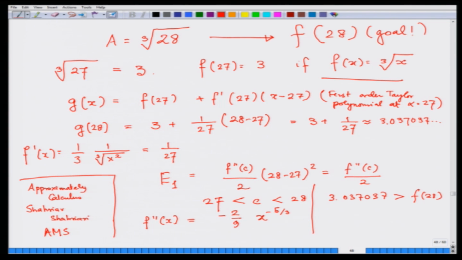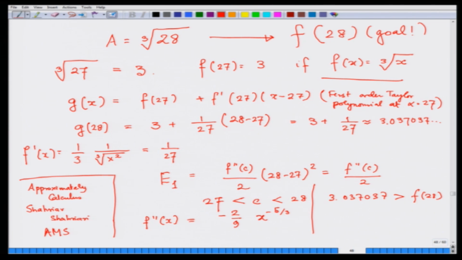Okay. One can say let me see if I take 27 what would happen. What I would leave you to do is an experiment at home: put 28 here instead of c and see what is the value, and put 27 here and see what is the value. So, that would give you two extreme ends, right.